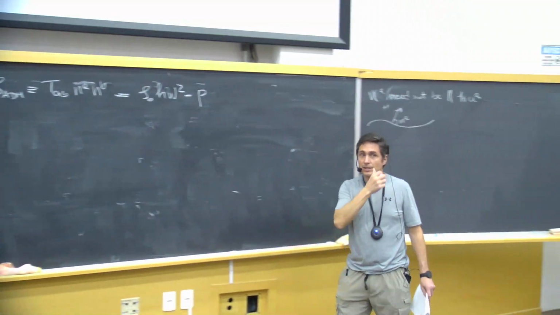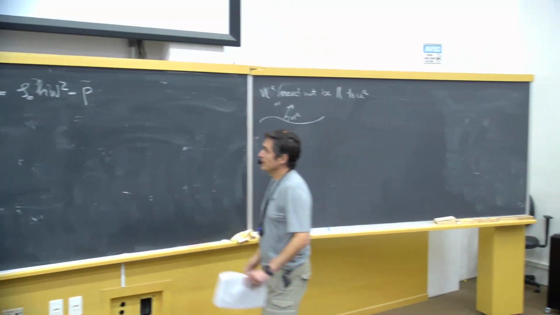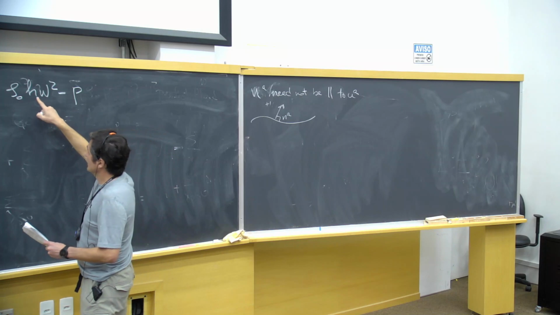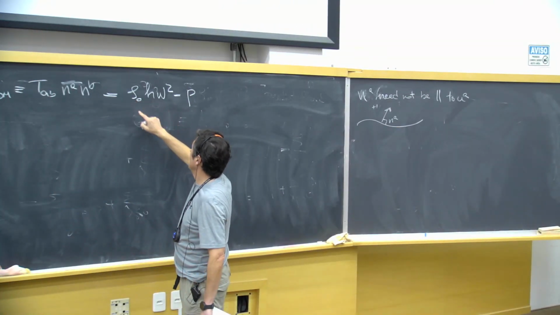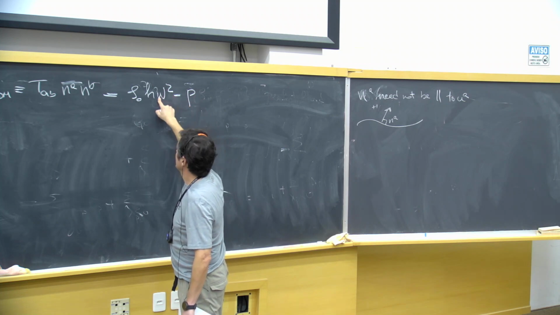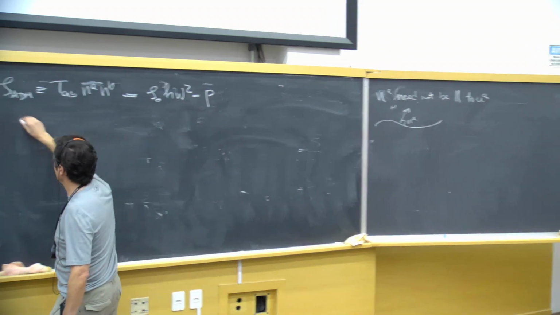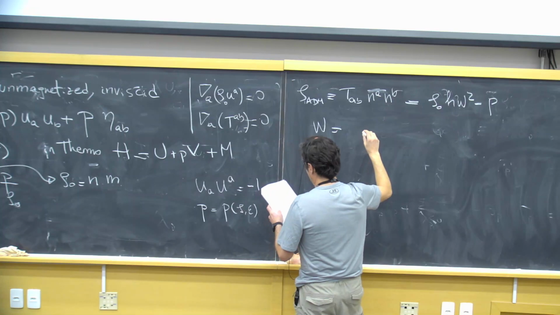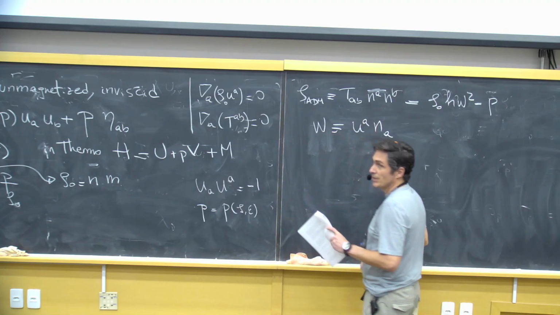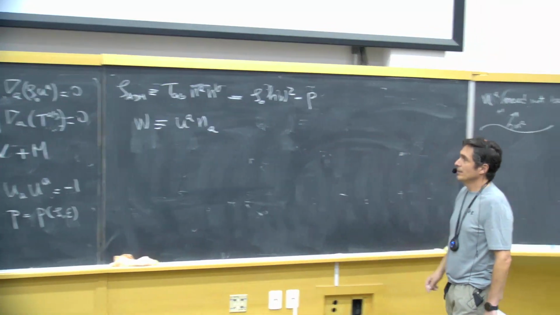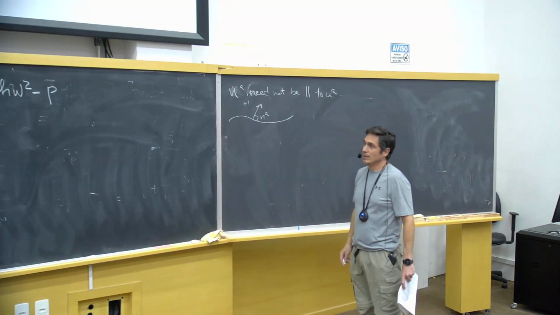So the energy density that an observer will measure will be given by several terms. H is the enthalpy that we define there. Rho 0, we have it there. P is the pressure. I still need to tell you what this W is. And W is nothing but precisely this value that you get if U and N are not parallel to each other.